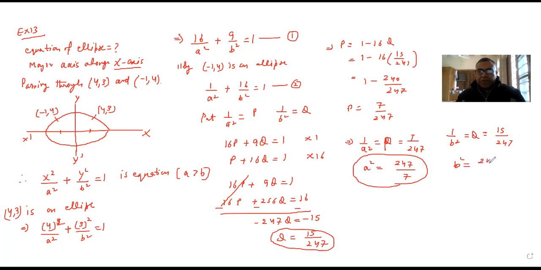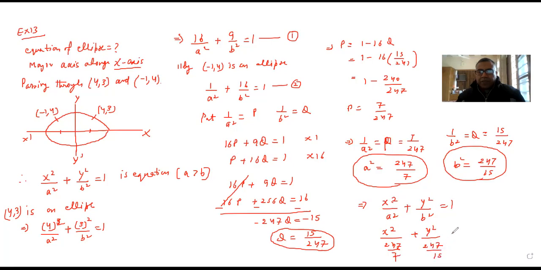B square is equal to 247 over 15. So x square upon a square plus y square upon b square is equal to 1 is the equation. That means x square upon 247 over 7 plus y square upon 247 over 15 is equal to 1 is the equation of the ellipse.